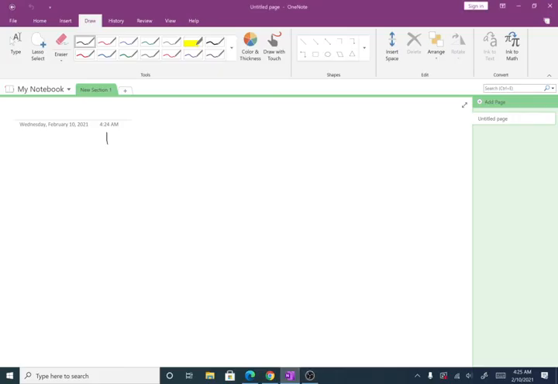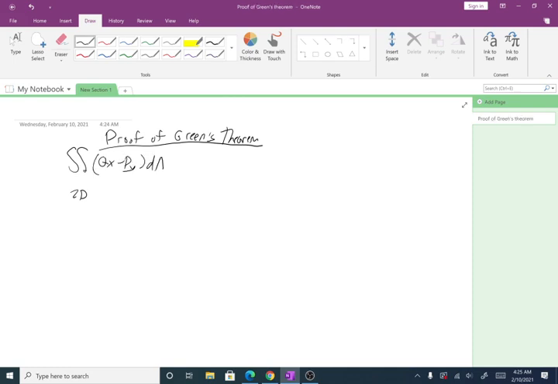Okay, so we're going to talk about a proof of Green's theorem. And let's just recall that Green's theorem is that you can relate this 2D area integral, which is of the form Qx minus Py, to this closed 1D line integral of our vector field.